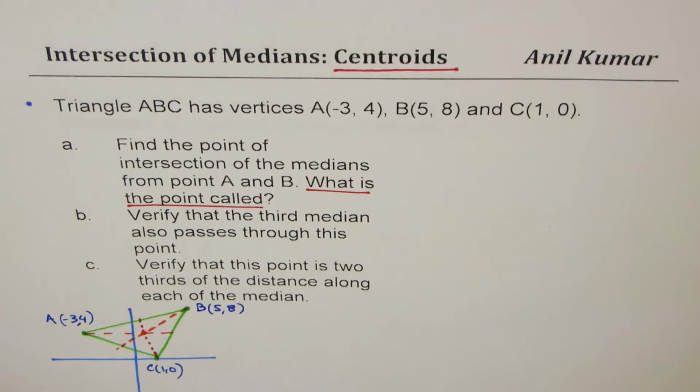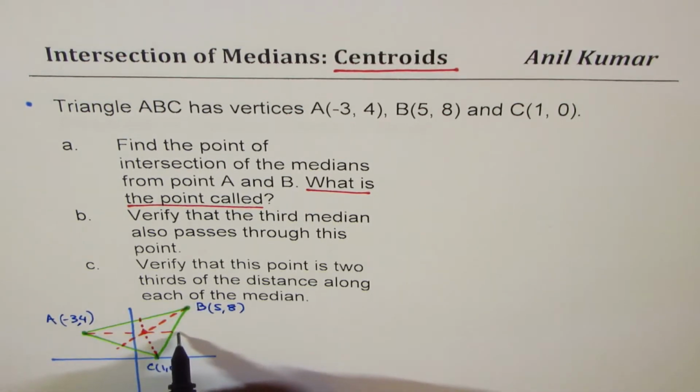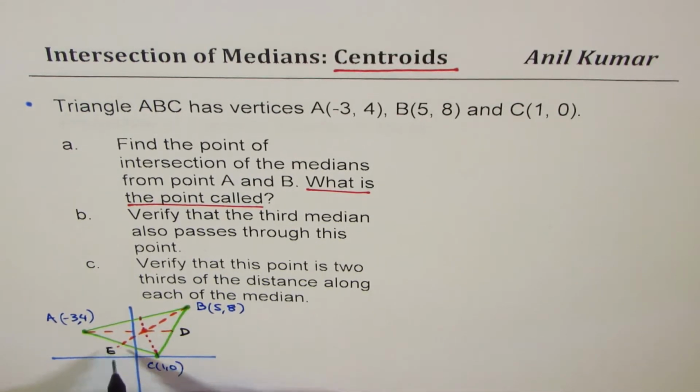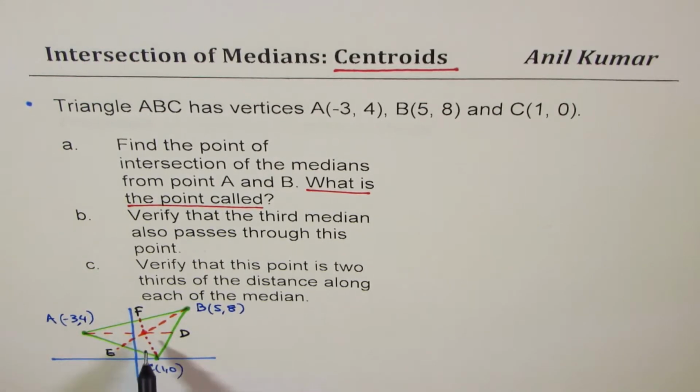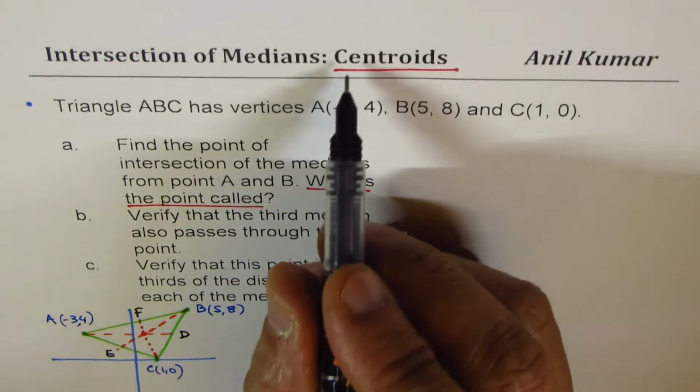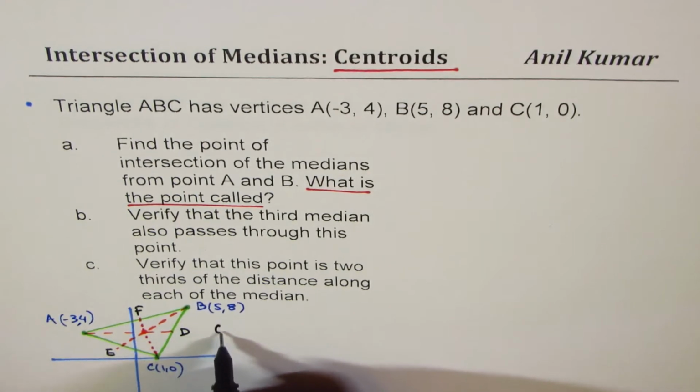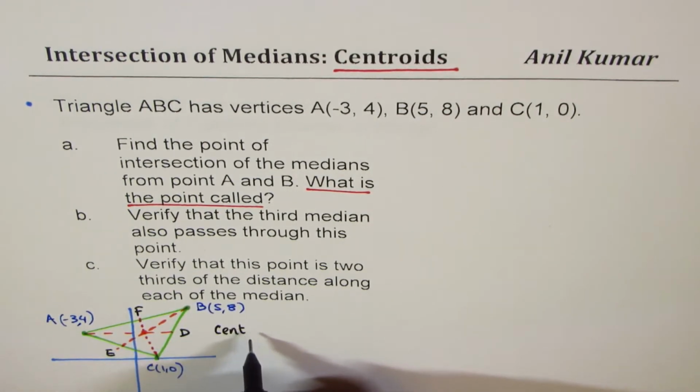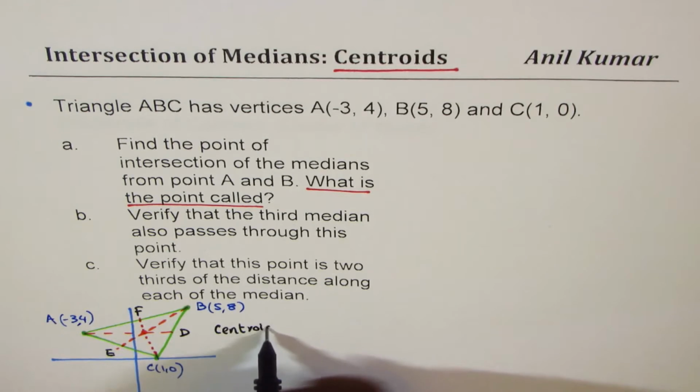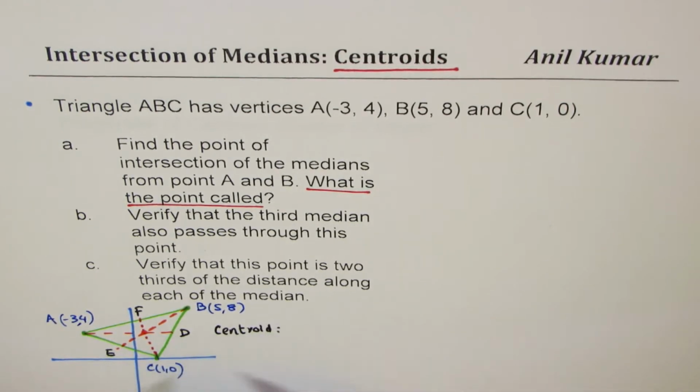So the centroid is the point where all the medians intersect. Now let us see how to find the equations of these medians and then the point of intersection. Let me label the midpoints as D, E, F for sides opposite A, B, C. Now there is a shortcut to find the centroid, which is very helpful especially for multiple choice questions.